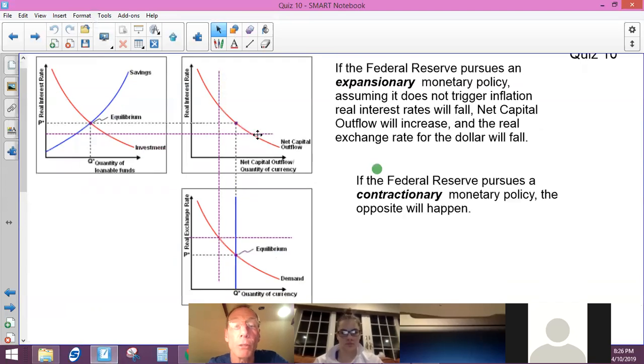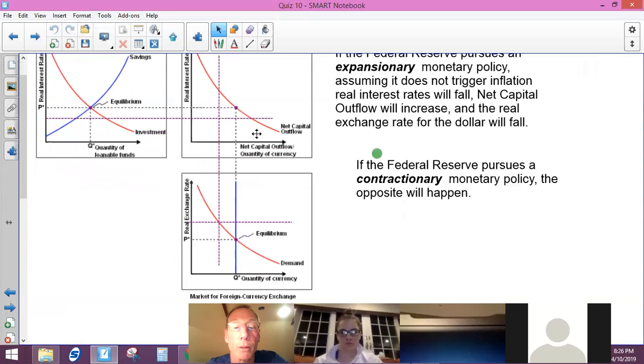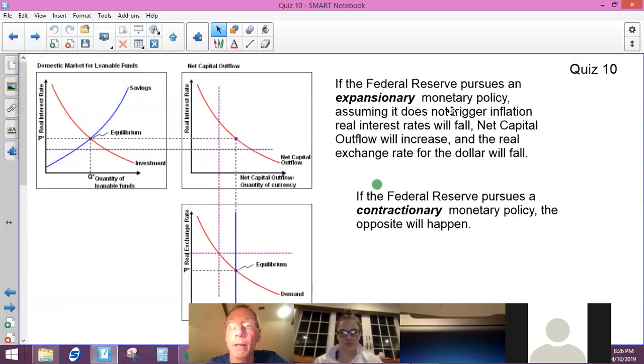Which is going to cause a different result, okay? Which I'm going to get to. So it just depends on what happens first, really. It can be very confusing, but I want to try to make it less confusing.